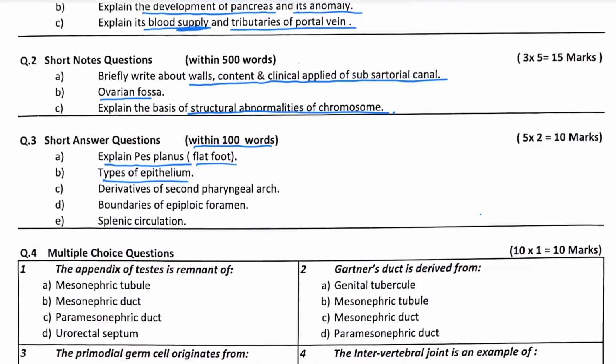And if there are multiple layers of cells, of which only the basal cells are attached to the basement membrane, however the upper layers of cells do not touch the basement membrane, such epithelium is called stratified epithelium or compound epithelium. And if on microscopy it appears that the cells are multi-layered but all the cells are actually touching the basement membrane, then such an epithelium is called pseudostratified epithelium.